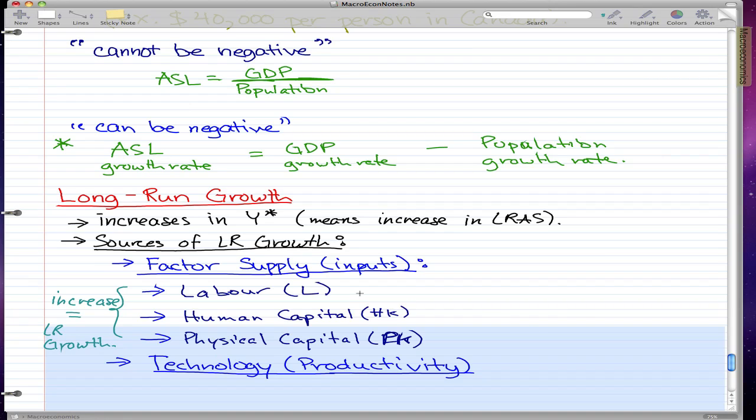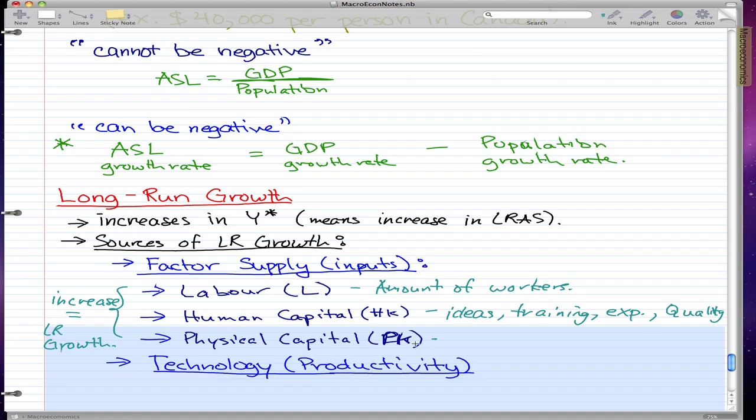And labor is pretty self-explanatory. Labor is pretty much the amount of workers. Increase workers and increase our factor supply. If we can keep that and increase our long run growth. Human capital is pretty much the ideas that we come up with, that humans come up with, the training, the experience, the quality, and etc. Running out of space.